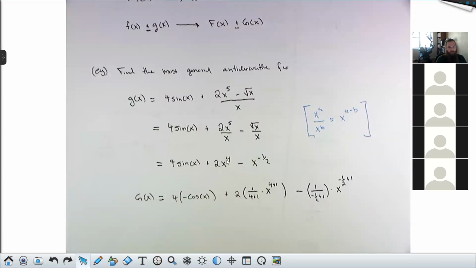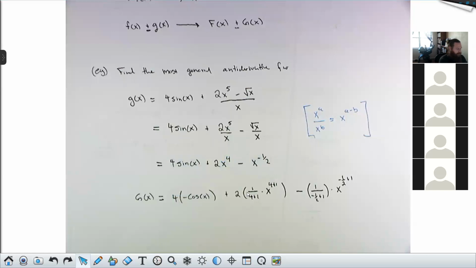All right, so each of these pieces, x to the 4 and x to the negative 1/2, can be handled with our power rule. Add 1 to the power, divide by the new power. Add 1 to the power, divide by the new power. And this piece is just one of our straight up trig antiderivatives.